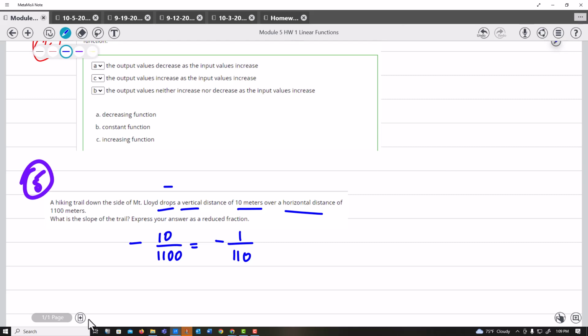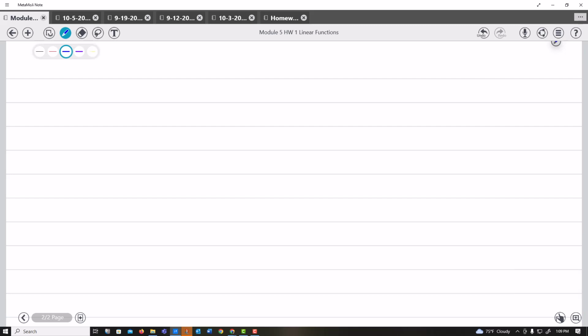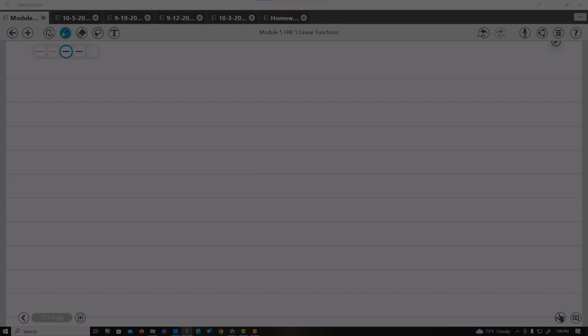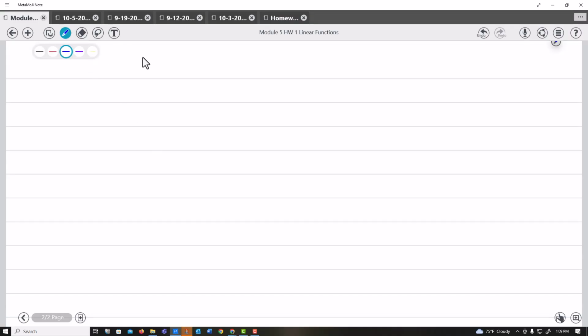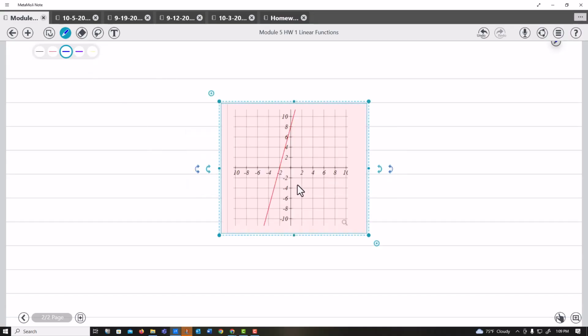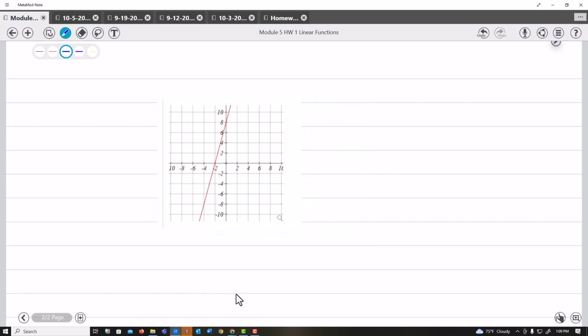If I have an actual graph and they want me to find the slope, let's say I have this graph right here, and they say using this graph, find the slope. Remember, to find the slope is y2 minus y1 over x2 minus x1, which means you have 2 points.